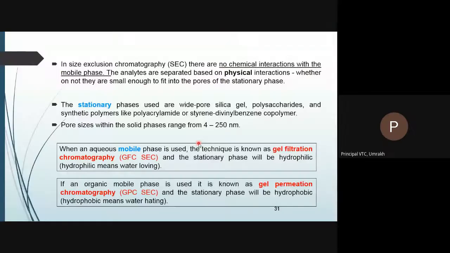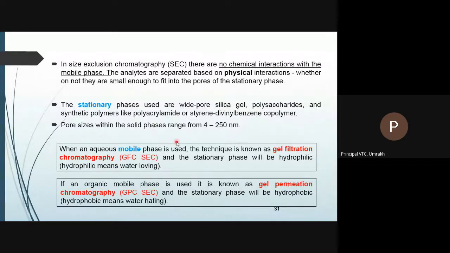The stationary phase pore size may vary in the range of 4 to 250 nanometers. Different pore sizes are there. We can use a stationary phase with different pore size according to our application, depending on the particle size of the analyte.